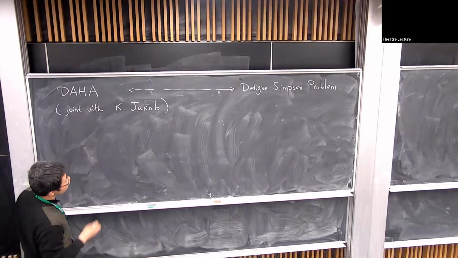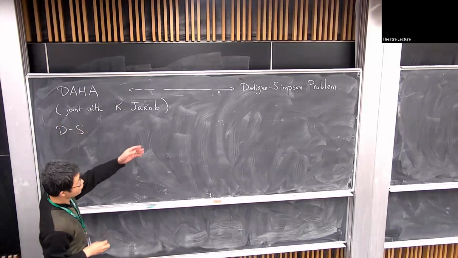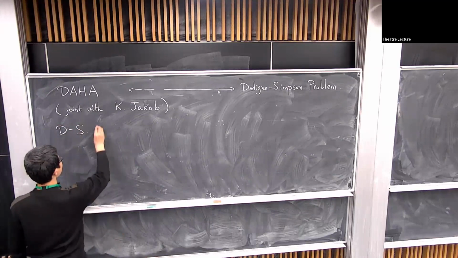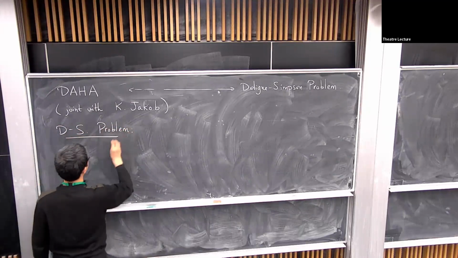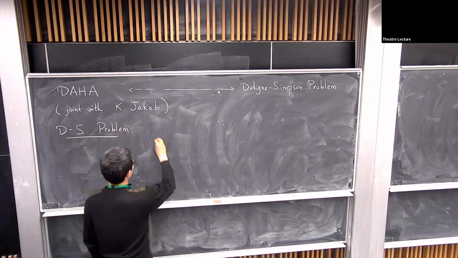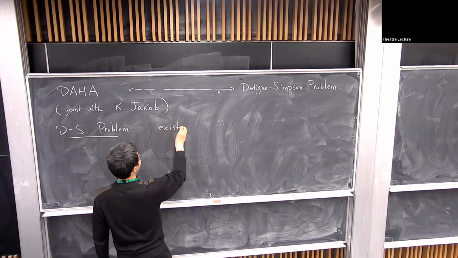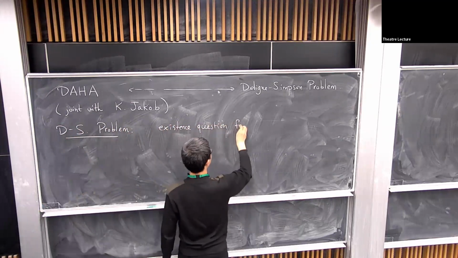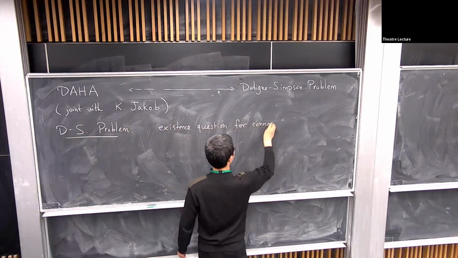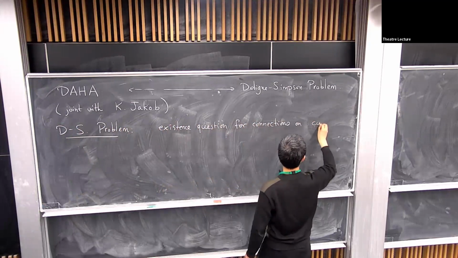So let me first talk briefly about what the Deligne-Simpson problem is. In general, it is some existence question for connections on algebraic curves.